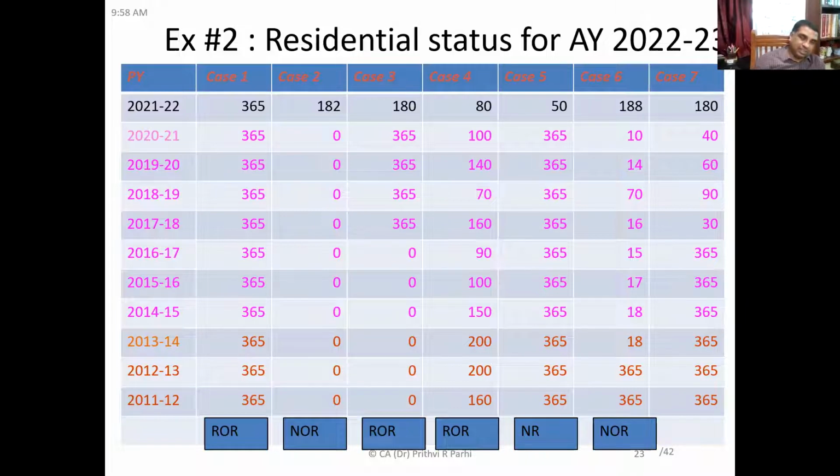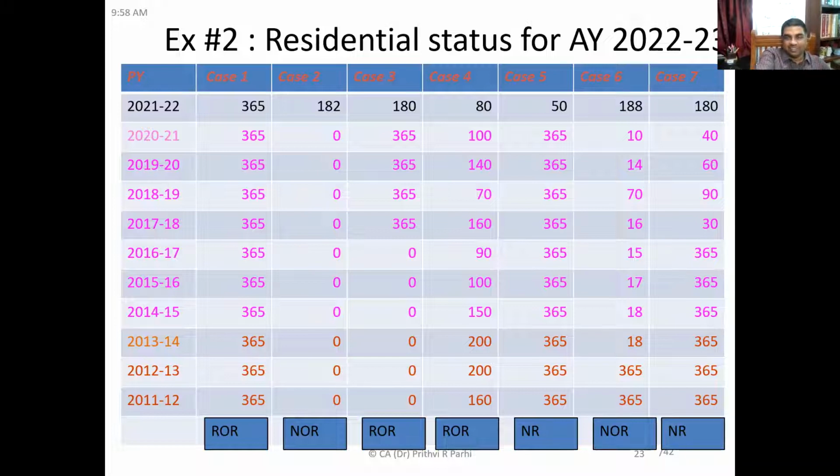Now, please see case number 7. So resident and ordinary resident. Are you sure?